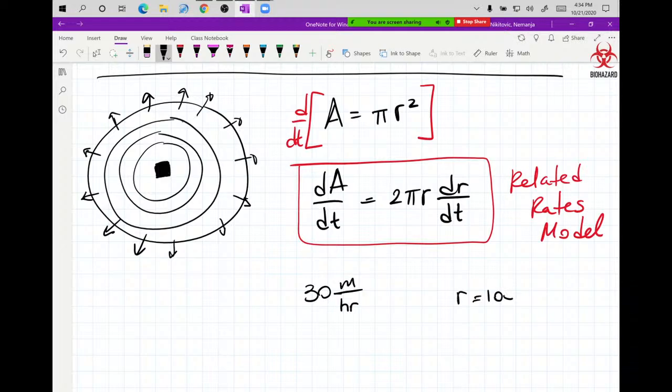Radius of 100 meters, that is immediately clear. They said the radius increases at the rate.